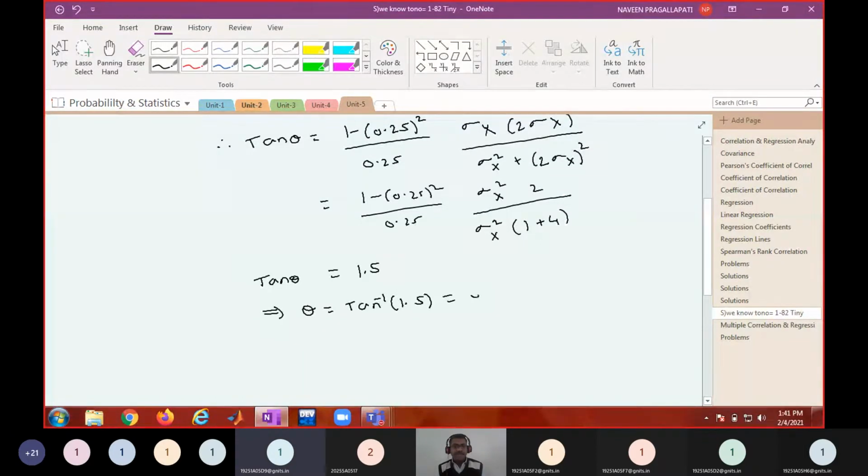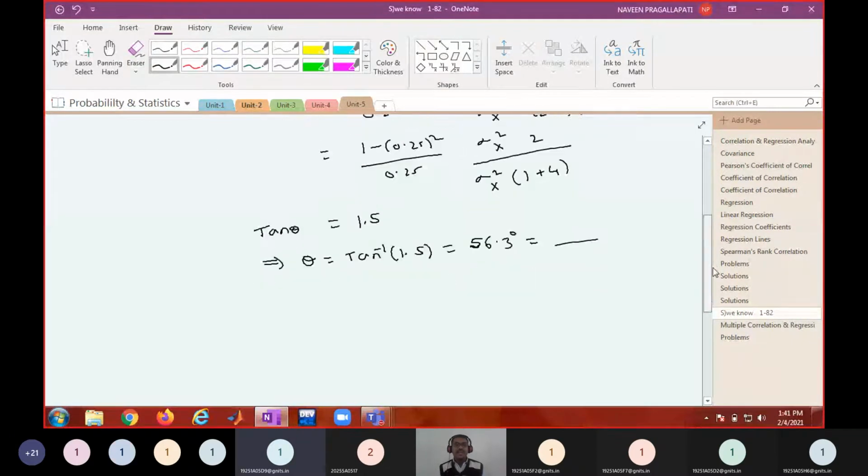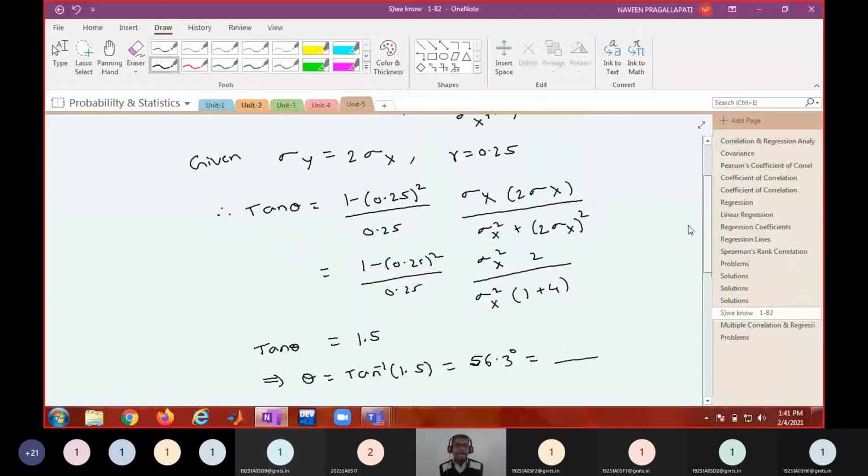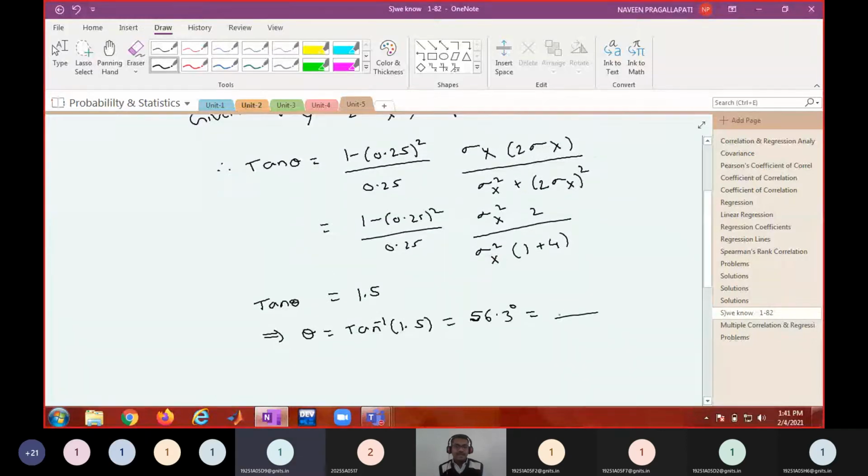56.3 is fine, but you don't give the answer in terms of degrees. When you are in exams, you always convert into radians. Convert this 56.3 into radians and give the answer. As you said, 0.98 radians.